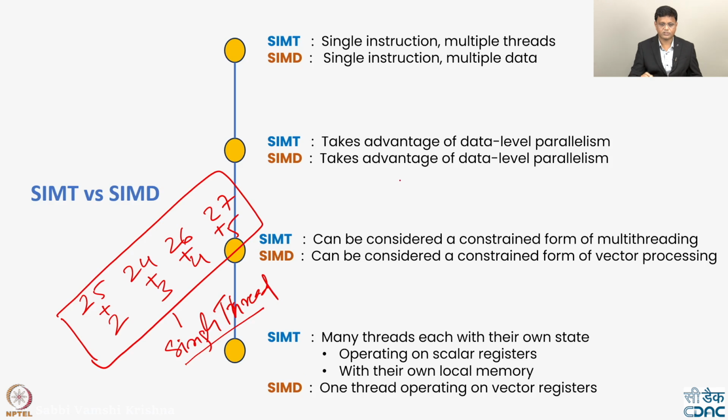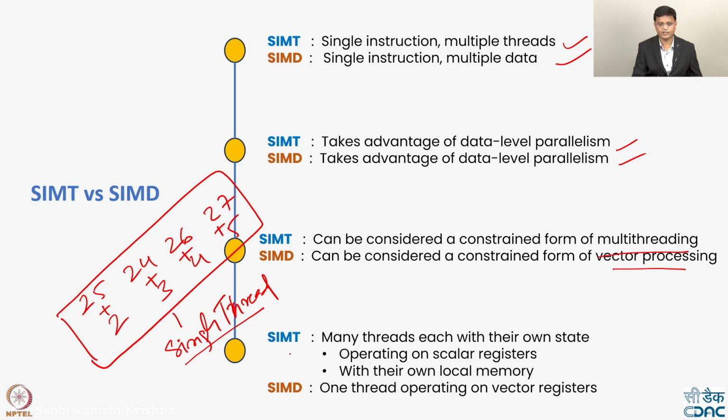So, just take these two terms, it is clear. Both SIMT and SIMD take advantage of data level parallelism, as you have just seen. SIMT can be considered a constrained form of multi-threading, but SIMD is a constrained form of vector processing.